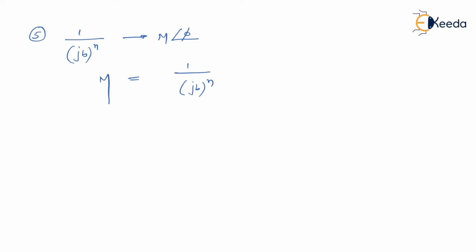Take the magnitude of numerator and denominator. You know that the magnitude of a real quantity is the real quantity itself, so the magnitude of 1 is 1 only. And whenever you take the magnitude of the imaginary constant, just remove j. What is remaining? B to the power n. This becomes the magnitude.